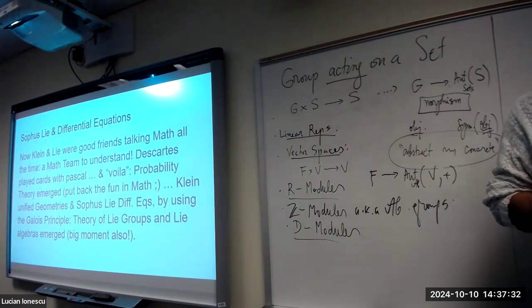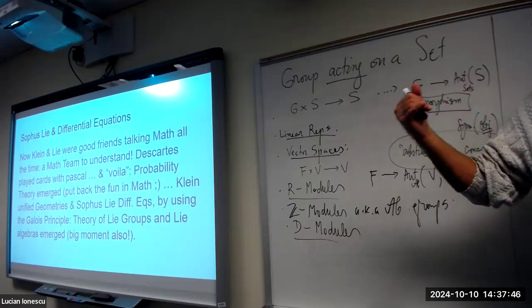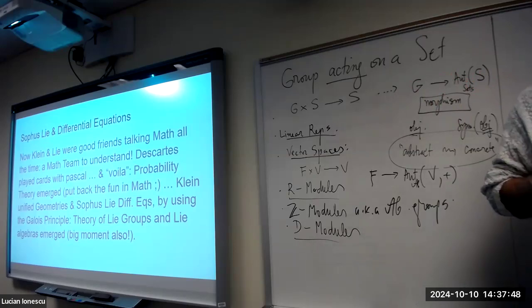Then Klein unified geometries, and Sophus Lie tried to unify differential equations, trying to use Galois' principle, namely to associate a group of transformations to a differential equation.